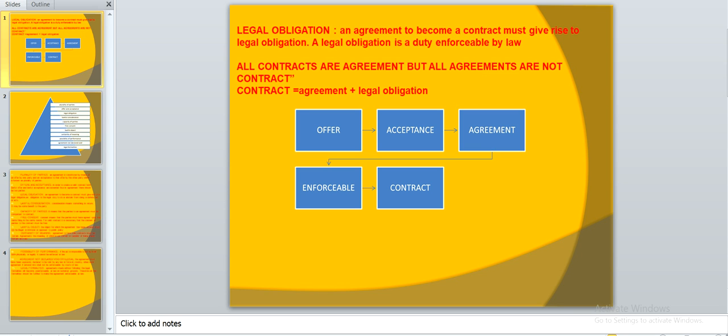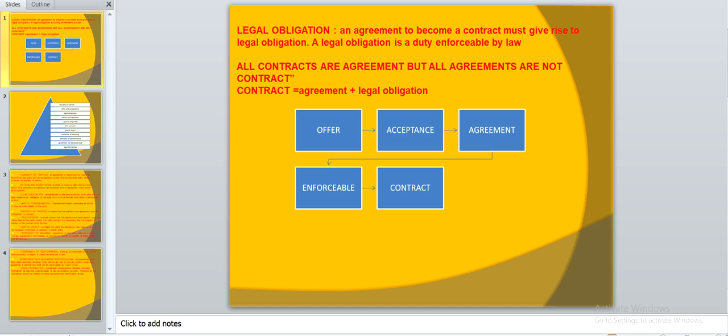All contracts will have agreements. All contracts are agreements but all agreements are not contracts.